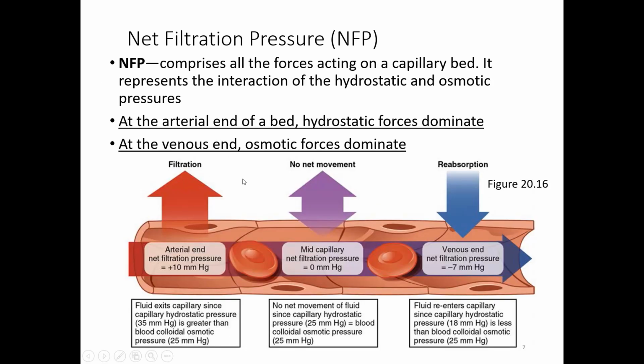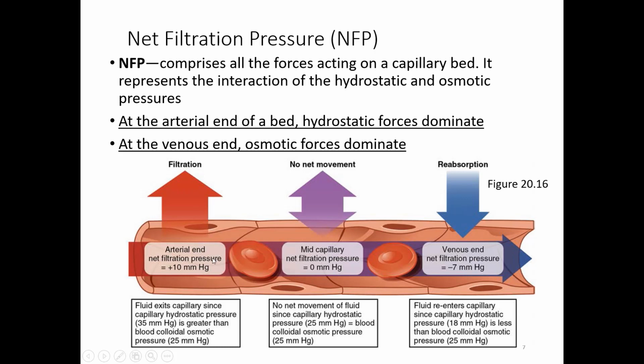Okay, let's summarize. All the forces acting on a capillary bed together are called net filtration pressure. And net filtration pressure will be different for the arterial end of the bed and for the venous end. At the arterial end, hydrostatic forces dominate.